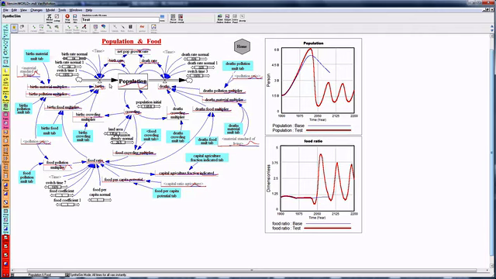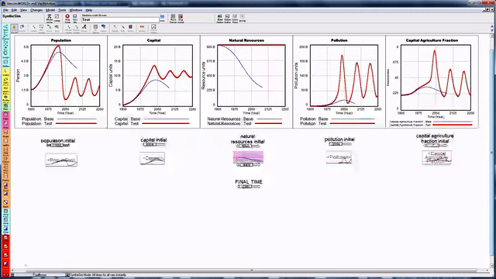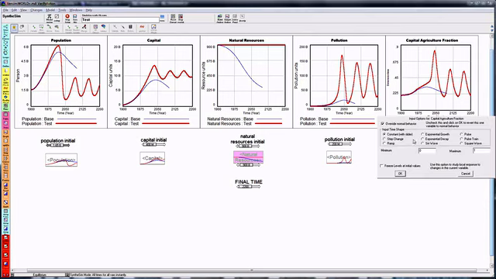So how can we trace that? Well, there are several strategies. One is we could just do some more feedback elimination. So for example, the capital agriculture fraction seems like a variable that's somehow not as fundamental as population and capital. So one question that seems reasonable to ask is whether that needs to participate in the oscillation.